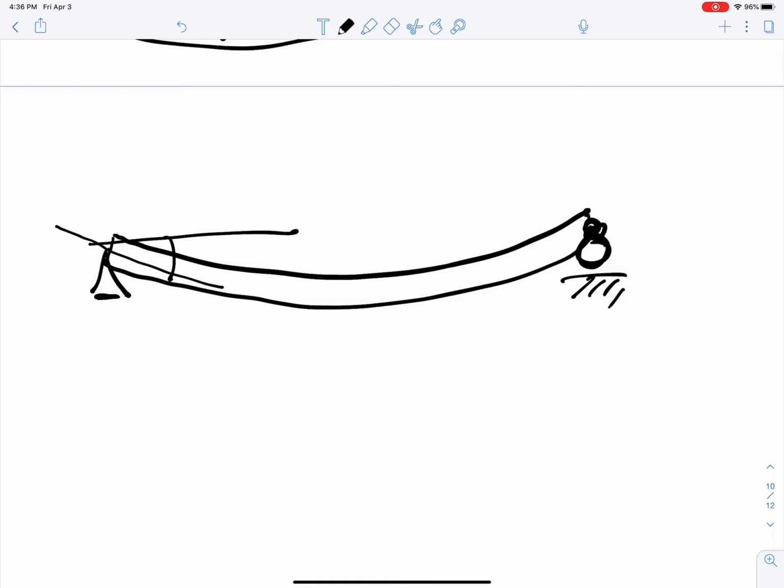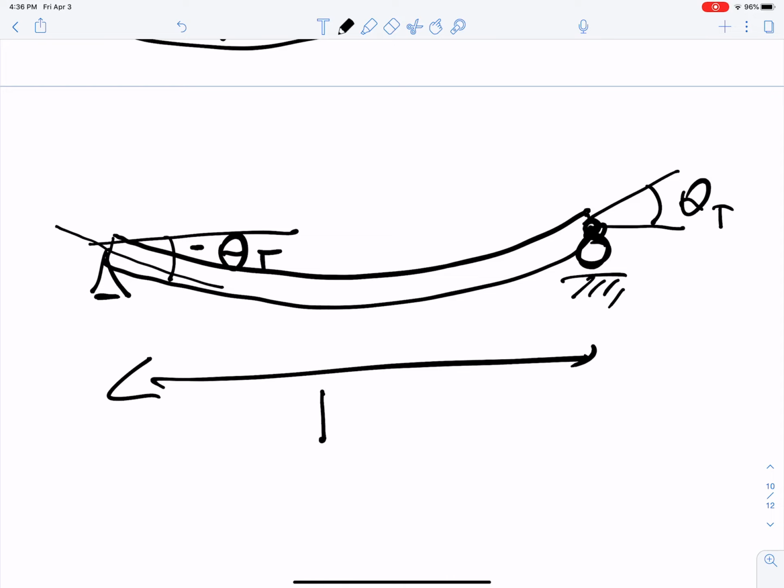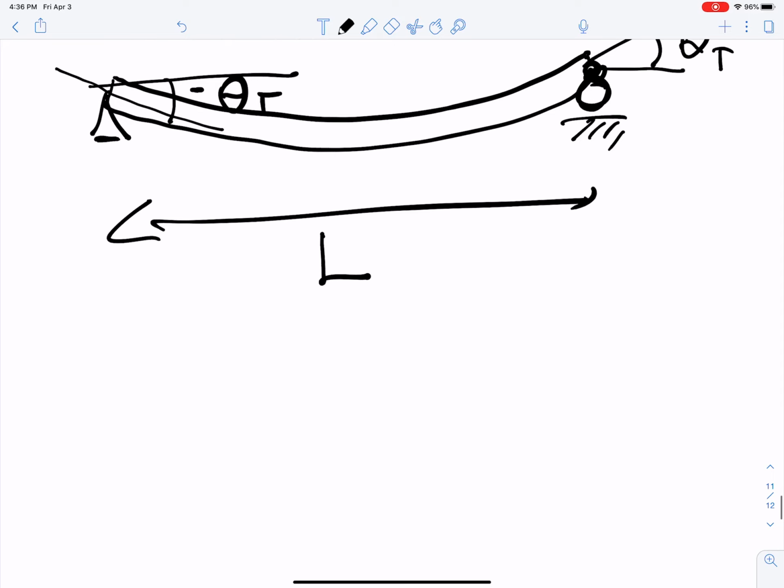This quantity I'm going to call minus theta t, the angle that's developed due to the application of the temperature differential. Because of symmetry, this becomes theta t. And this distance here, say, is L.